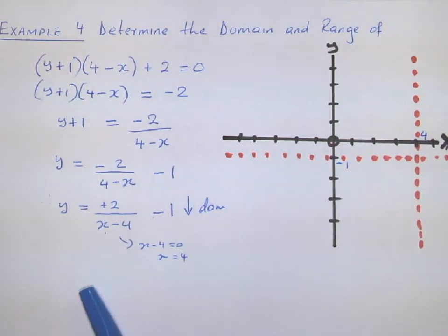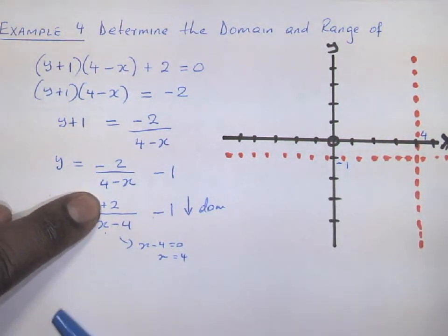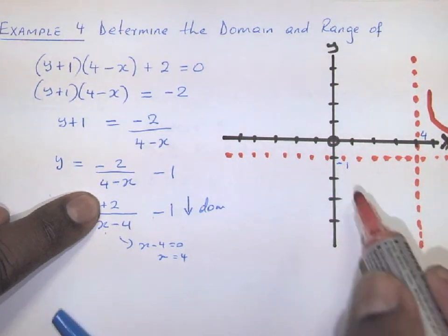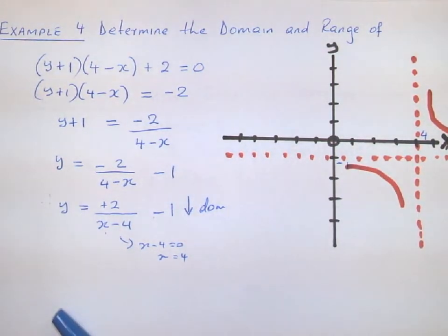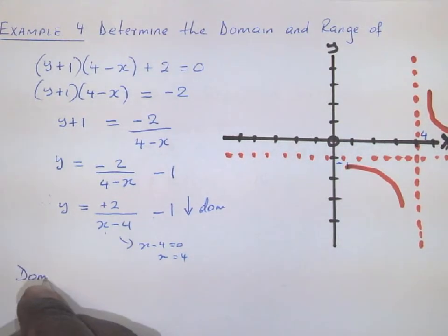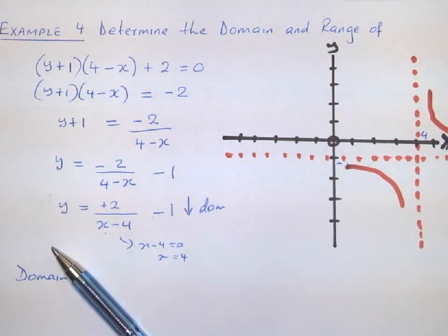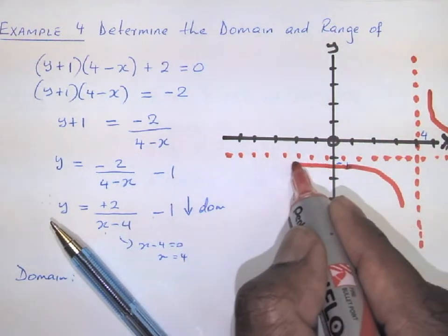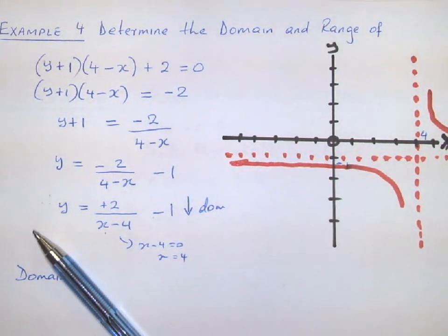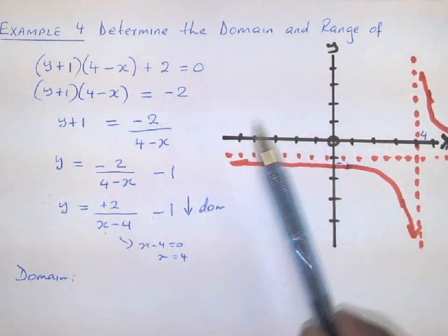So our arms now, because that's positive, the graph will be somewhere there and also somewhere there. And therefore, we can say that our graph has the domain of all x values, because the graph is approaching that all the way to the left.